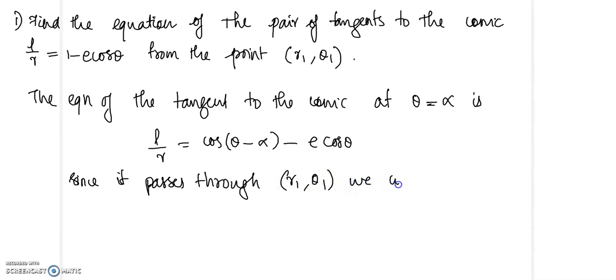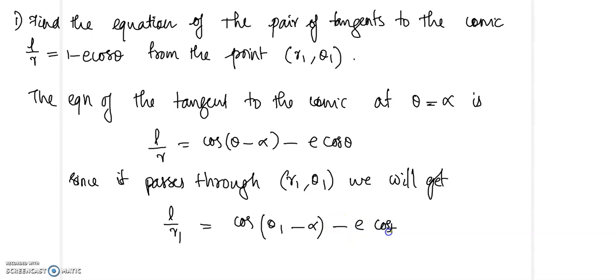so we will get, substituting R1 theta 1 into this equation, L by R1 equal to cos theta 1 minus alpha minus e cos theta 1.